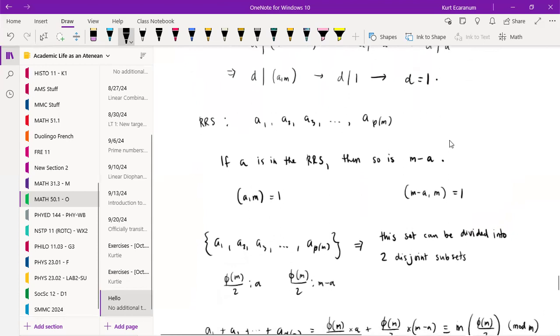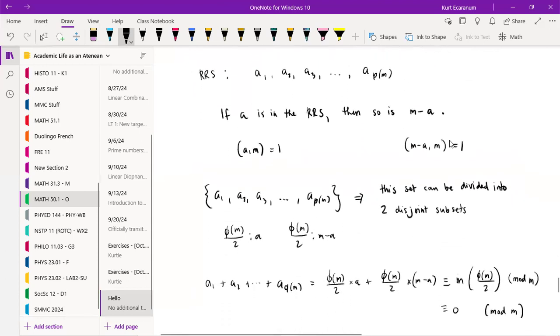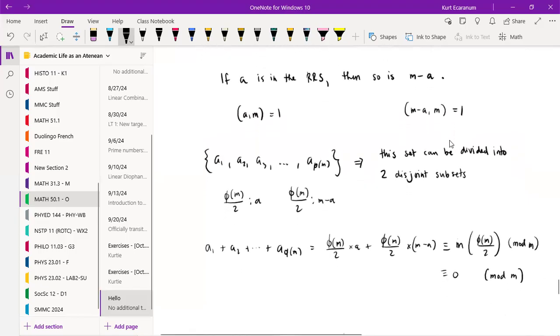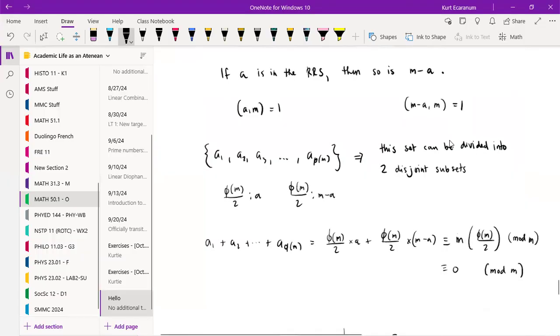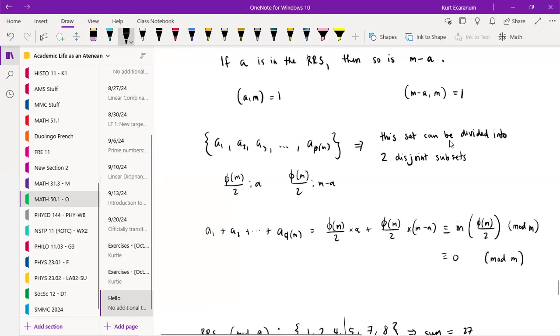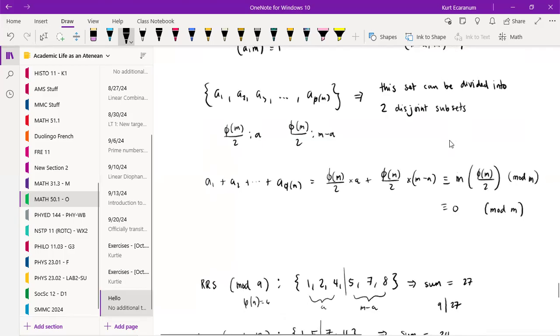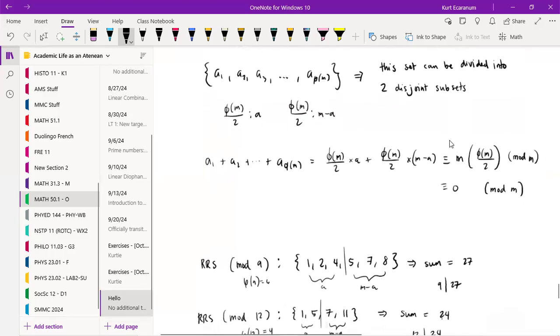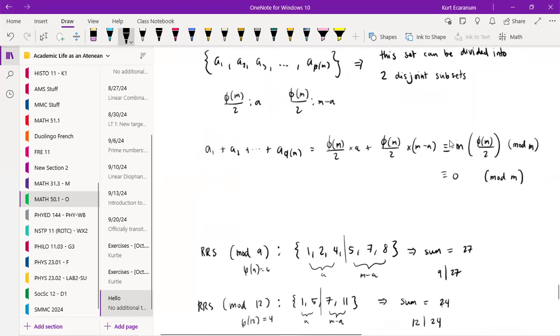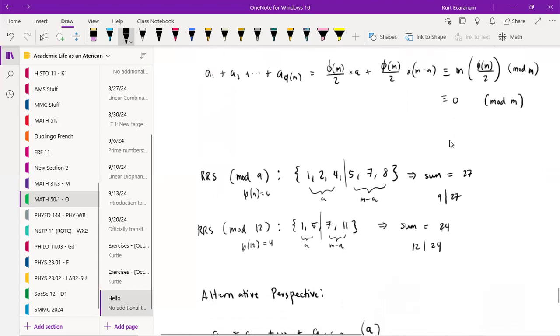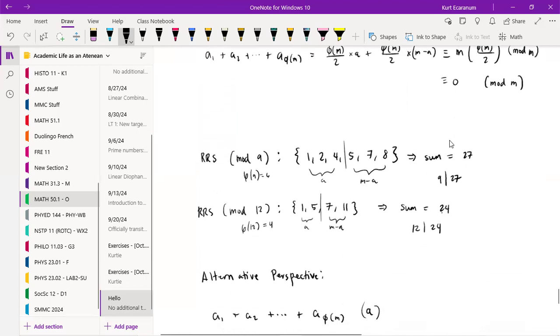So to recap, ito yung ginawa natin. Ang pinaka cornerstone claim natin is yung GCD ng A and M tapos yung GCD ng M minus A and M para makahanap ng partner yung isang residue na magsasum siya sa M. Kasi nga ang goal natin is 0 yung modulo M. And pinakitaan ko naman kayo na example, ayan, na pwede nating hatiin yung 1, 2, 4 sa 5, 7, 8.